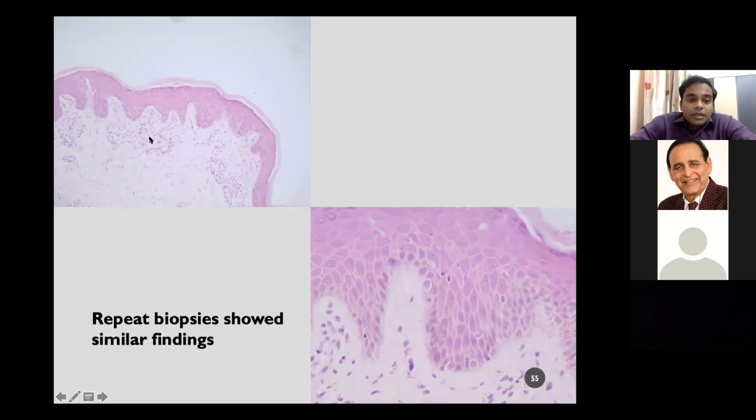If you see a papillary dermal perivascular lymphocytic infiltrate, again non-specific. But if you see the stratum corneum, it is not the basket weave type of stratum corneum. The stratum corneum is compact. So as soon as you see compact stratum corneum, and the granular layer is very thin and focally absent in this, we reach the diagnosis of an ichthyosiform disorder.